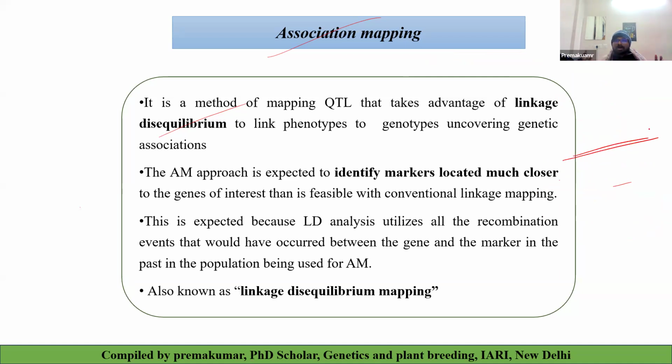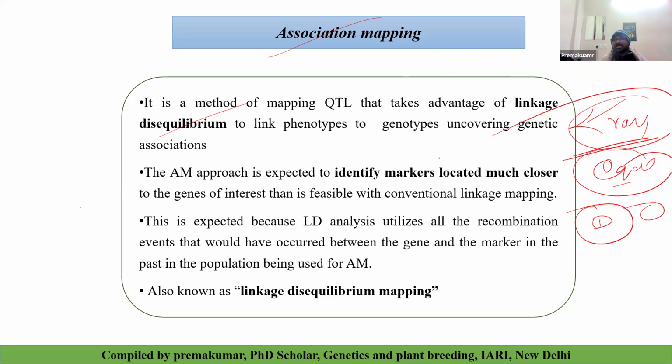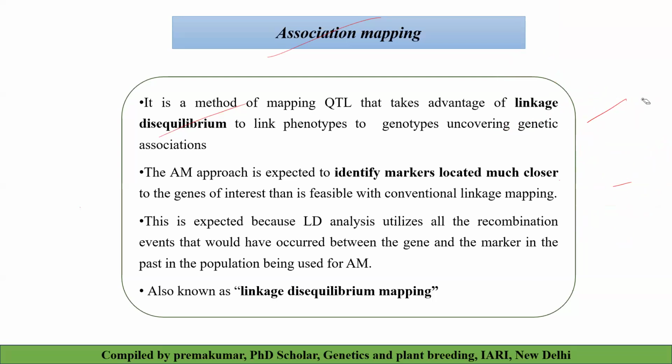When you take all the genes into account, in one random union we get equilibrium, but some persistence of LD will exist. It's not that LD will definitely become zero immediately after random union. The population comes to equilibrium, but some part of the LD may exist, and that we use for mapping.